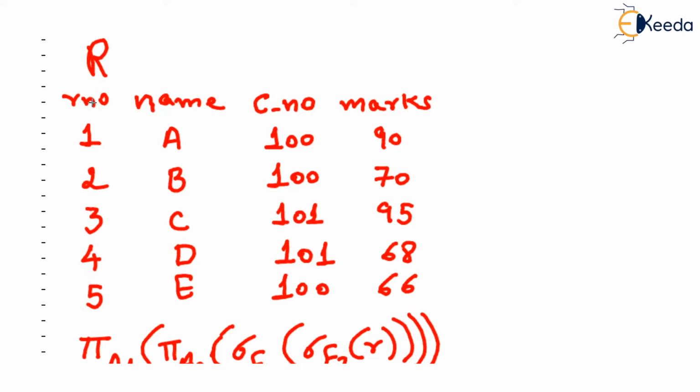I have assumed that this relation has the roll number of the student, name of the student, course number, CNO, that the student has enrolled for, and marks obtained by the student in that course. As an example, roll number 1 is named A, and he or she has enrolled for course 100 and scored 90, and various such tuples I have shown in this relation.